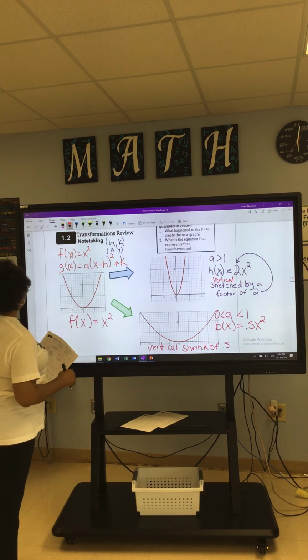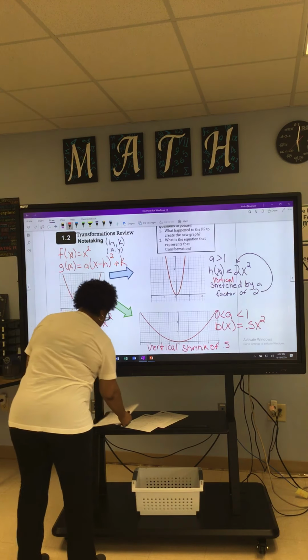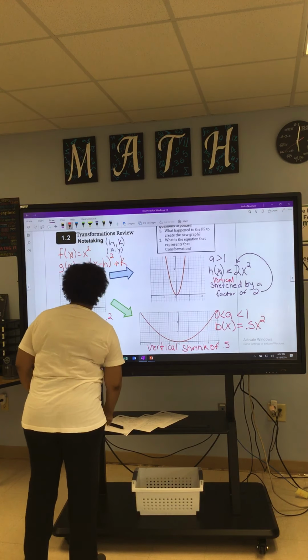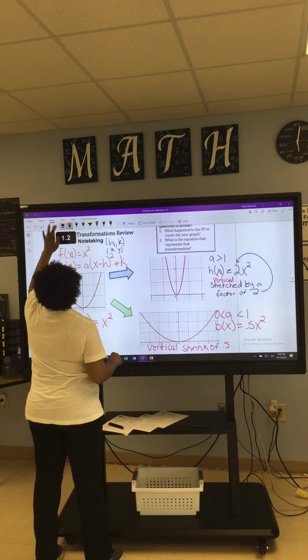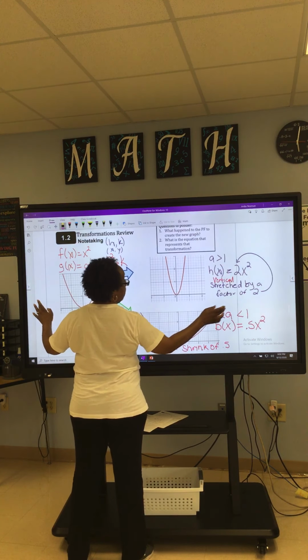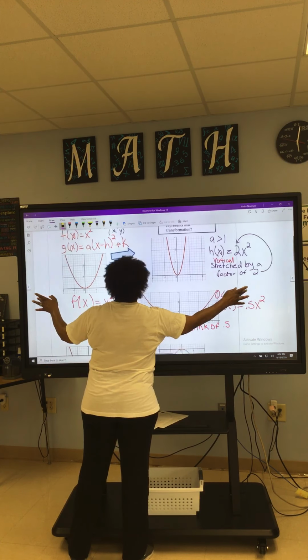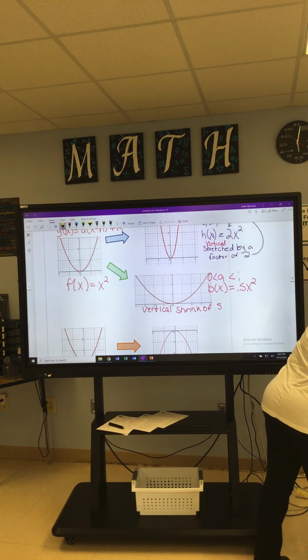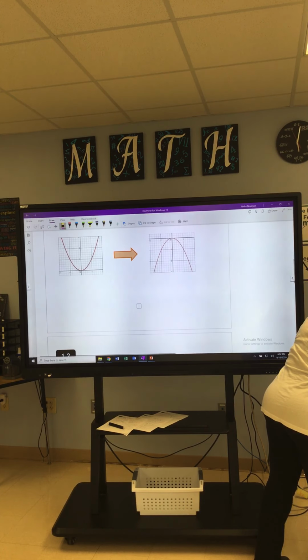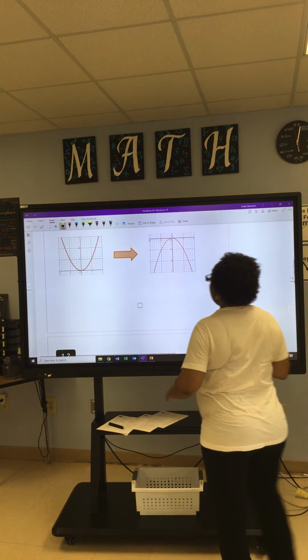So now, let's take a look at another possibility. I think I'm going to do it on the computer over here to be a lot easier. Let's scroll up.